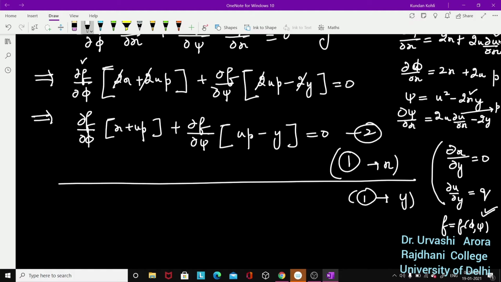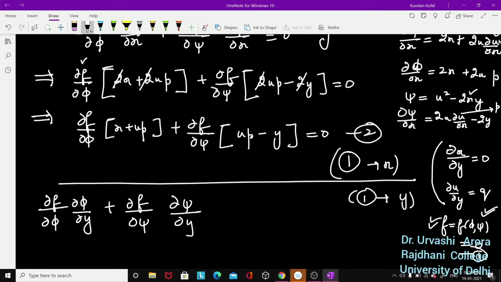So a few steps of the differentiation I write. When you're differentiating relation 1, which is this, equal to 0, partially with respect to y, you have del f by del phi times del phi by del y plus del f by del psi times del psi by del y is equal to 0.